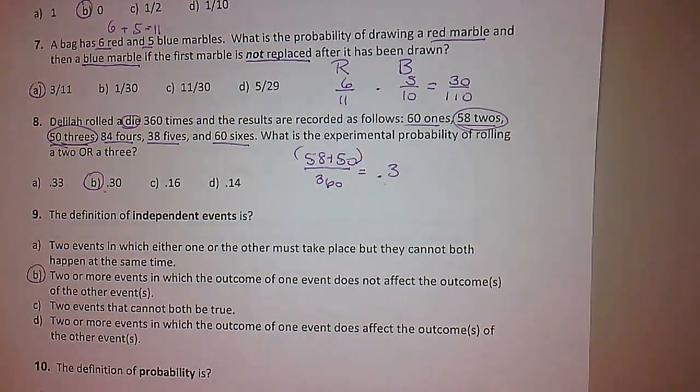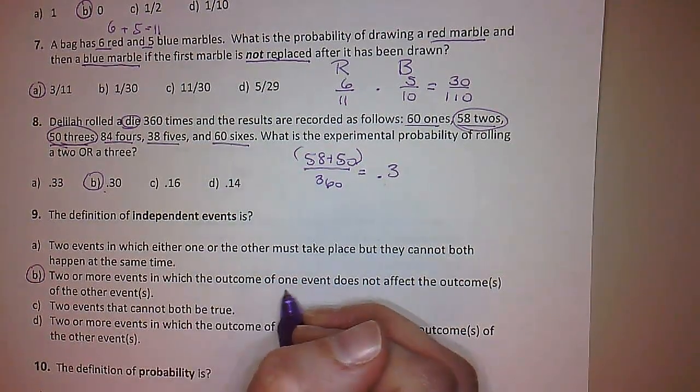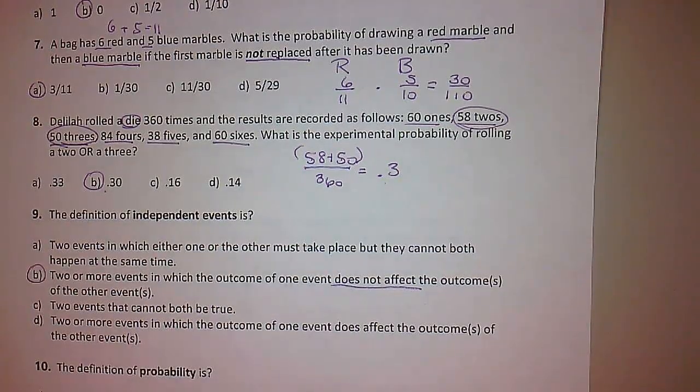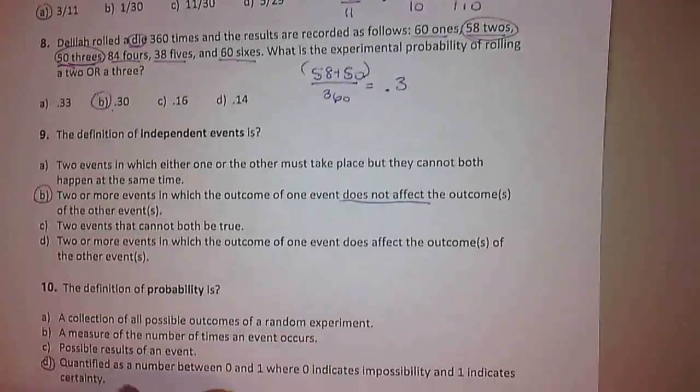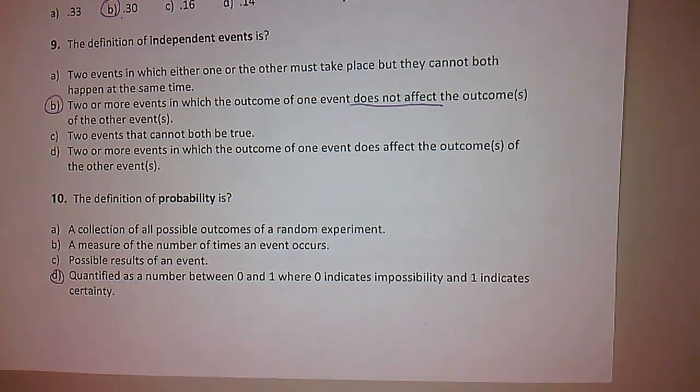Number 9, the definition of independent means that one event does not affect the outcome of another event. And then on number 10, the definition of probability is the quantified number between 0 and 1, where 0 indicates it's impossible and 1 indicates that it's a certainty. Think about weather.